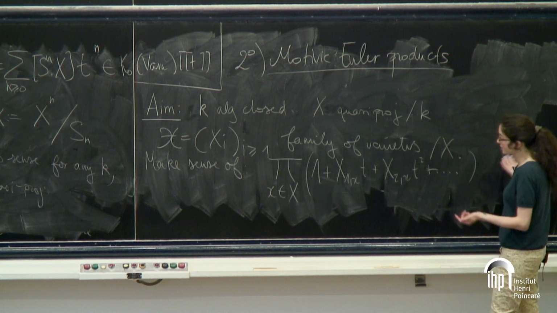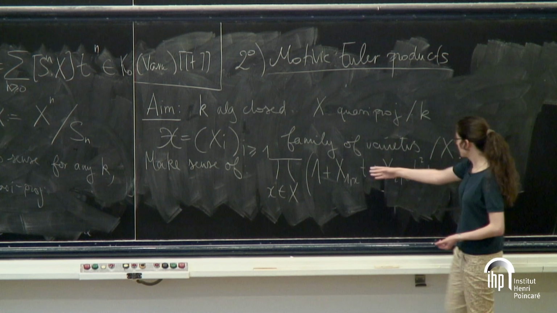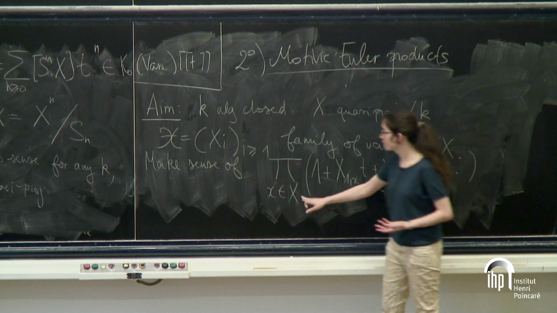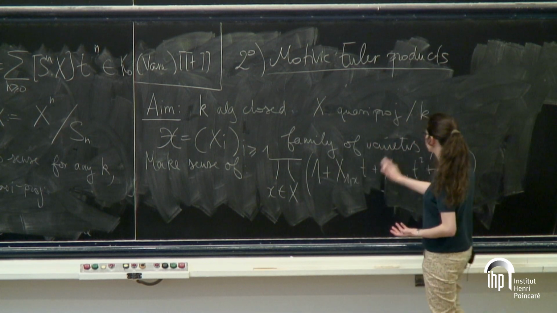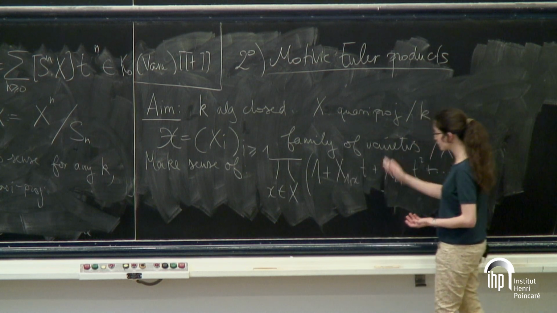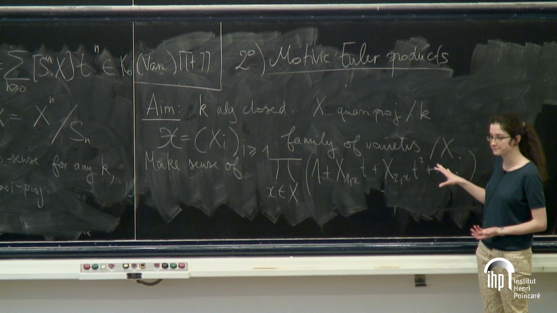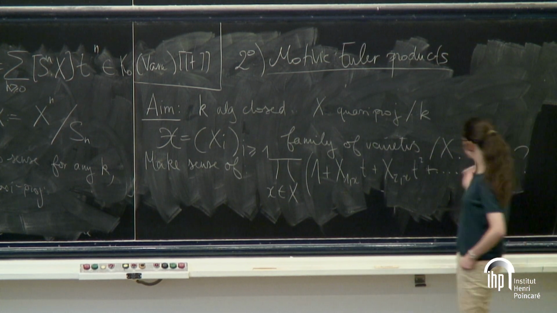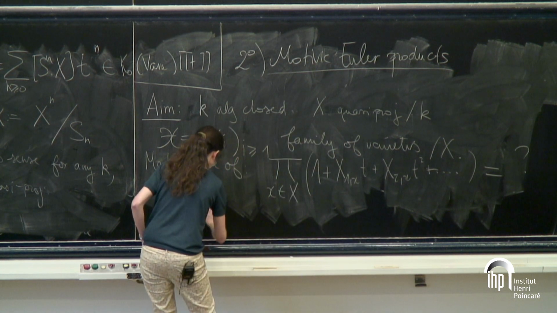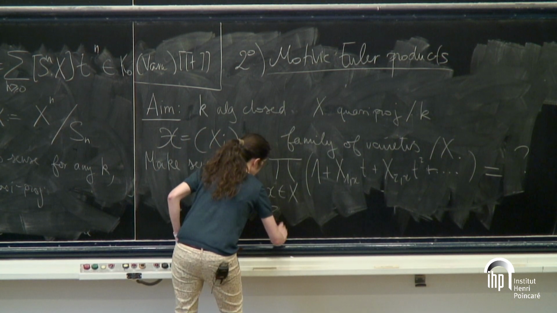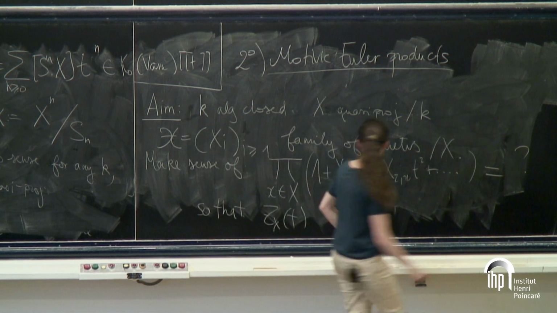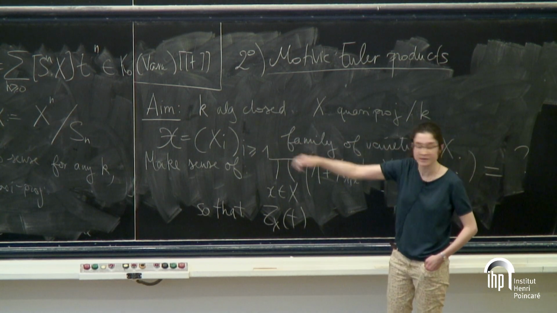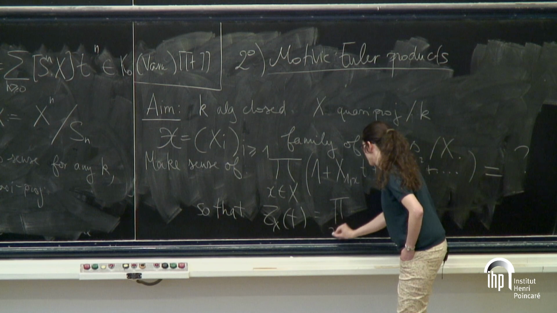It is that I have a product over a variety of series where the coefficients vary algebraically in terms of a point in the variety. Okay, so these things here have to be thought of as the classes in the Grothendieck ring of the fibers of the different X_i's. So I want to explain what this should be so that, in particular, the Kapranov zeta function should be this thing, but when all coefficients are equal to 1, which is what we would get if we wrote down the Euler product there.